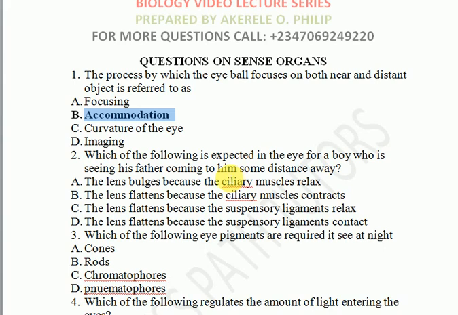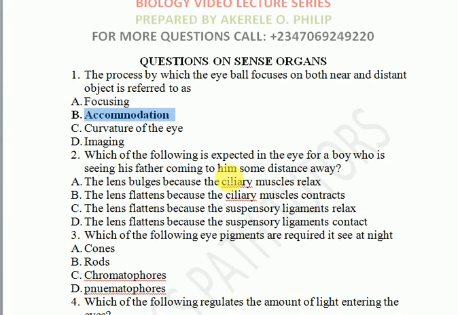But what causes that to happen is that the lens is connected to the suspensory ligament, and the suspensory ligament is connected to the ciliary muscle. So for us to have a flattened lens looking at a distant object, that means that the suspensory ligament must contract.